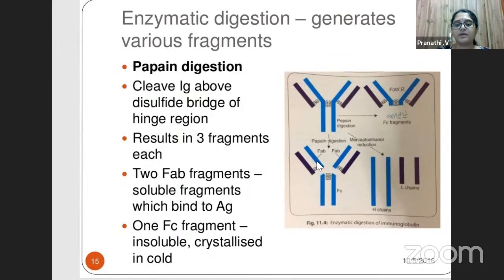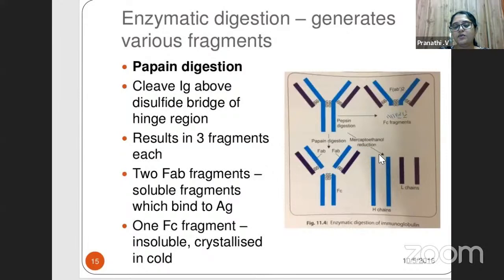So you'll get 3 fragments: 2 Fabs, that is fragment antigen binding, which hold the antigen, and then you'll get 1 Fc. This is the fragment of crystallization.